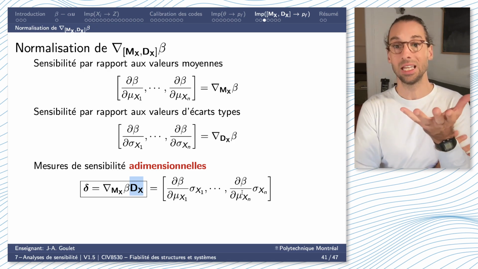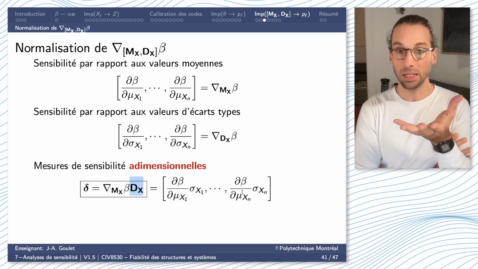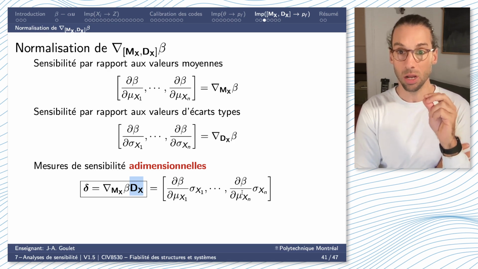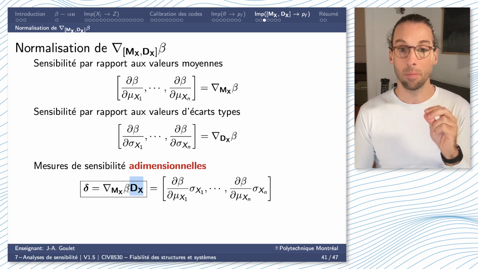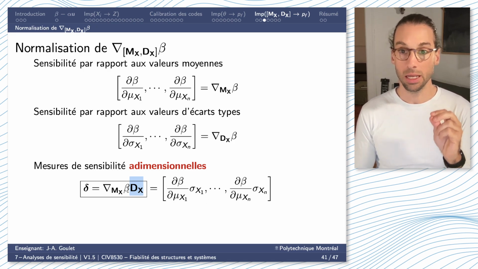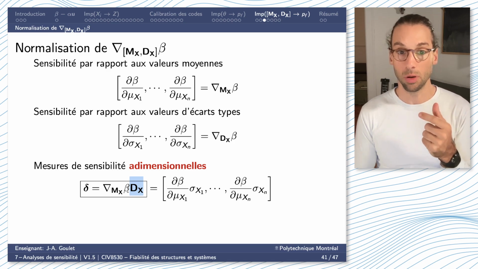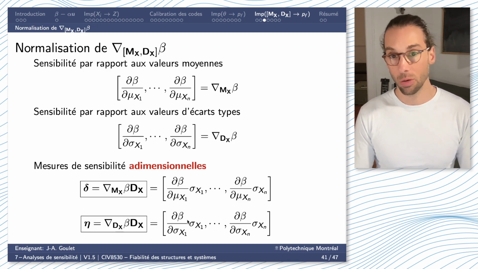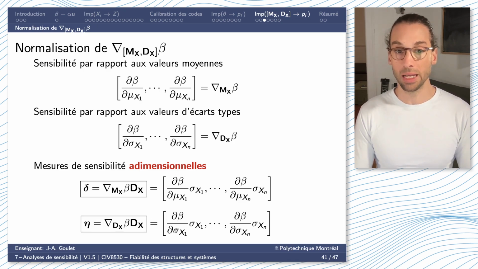So what is the interpretation of that delta vector? It is: if I move my mean by one standard deviation, how much does it affect my beta? Okay, and this is going to be the most interpretable component. We're going to have the same thing for the standard deviation. So this is going to be eta. So eta tells me if I move my standard deviation by one standard deviation, by how much my beta moves.